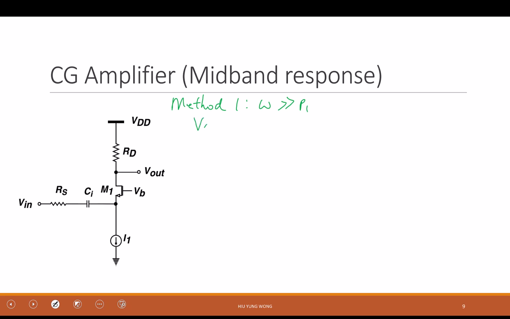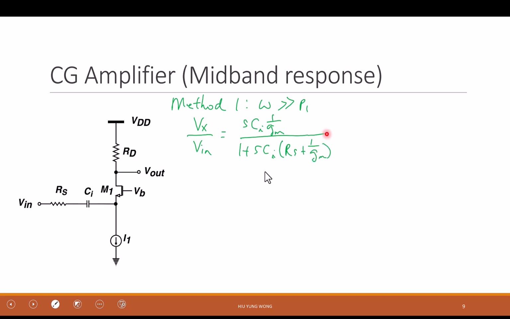Then if we copy the equation from before, you see Vx divided by Vin, as I said earlier, is SCI times 1 over Gm divided by 1 plus SCI times Rs plus 1 over Gm.